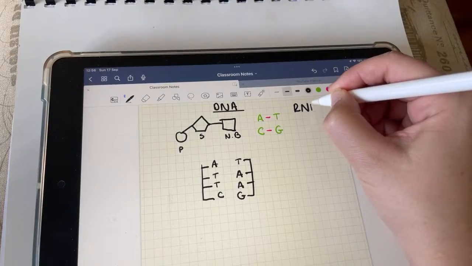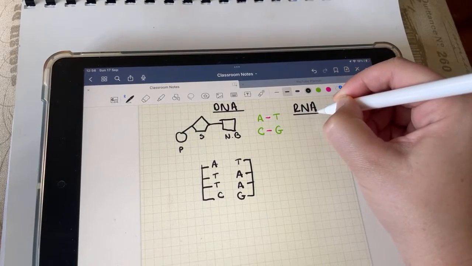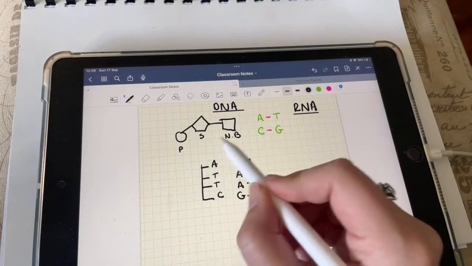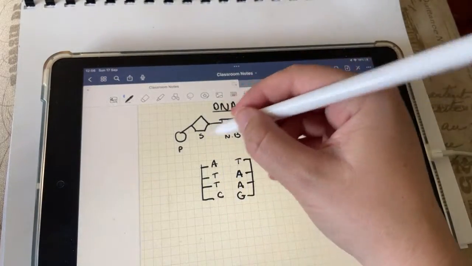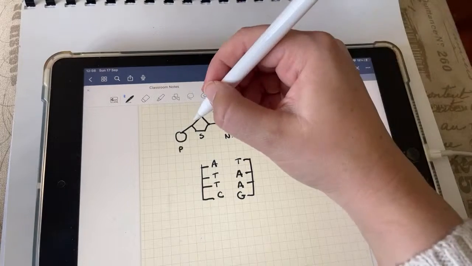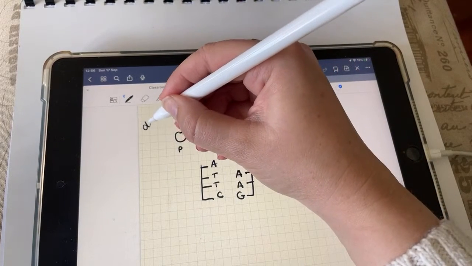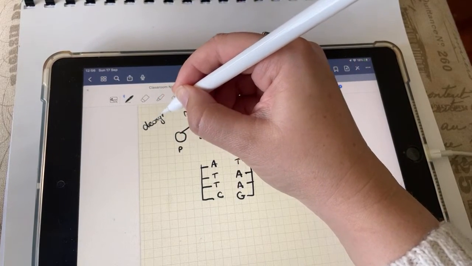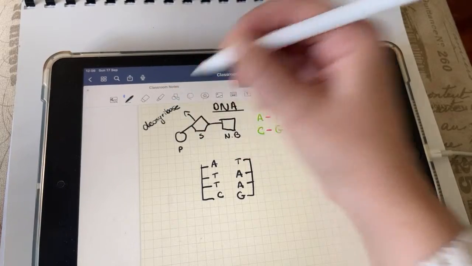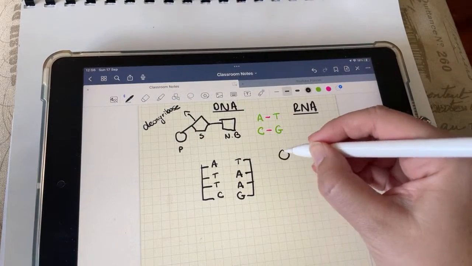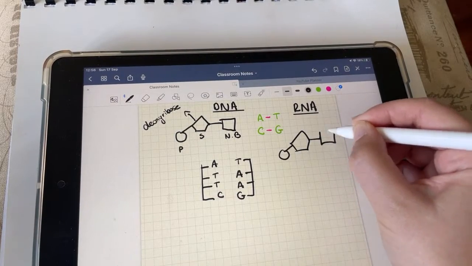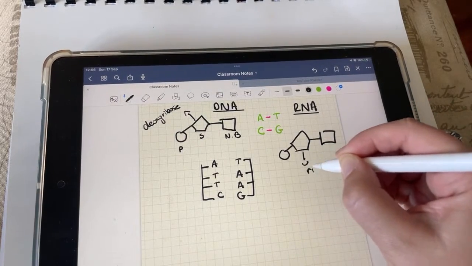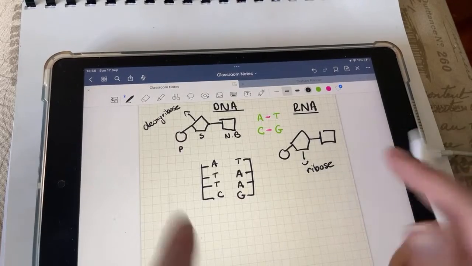RNA, on the other hand, the sister to this, has the same structure over here, except, and this is important, the sugar in DNA is called deoxyribose, whereas the sugar in RNA is called ribose. That's the difference in their names.